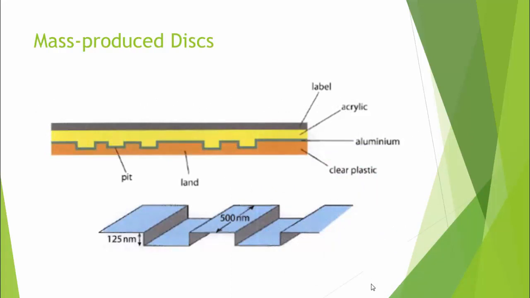So mass-produced CDs and DVDs use layers of material, acrylic and aluminum, in order to have extremely small depressions on the disc, which then represent ones and zeros.